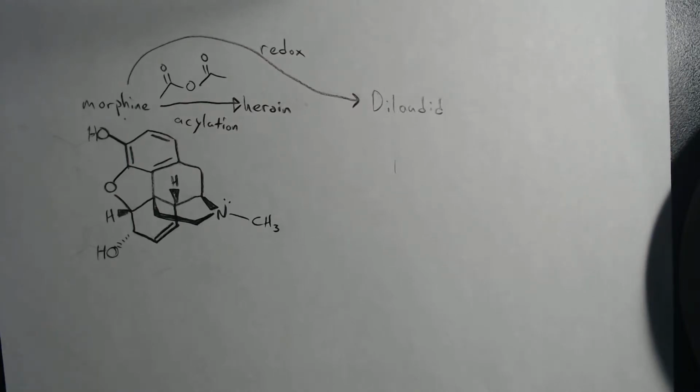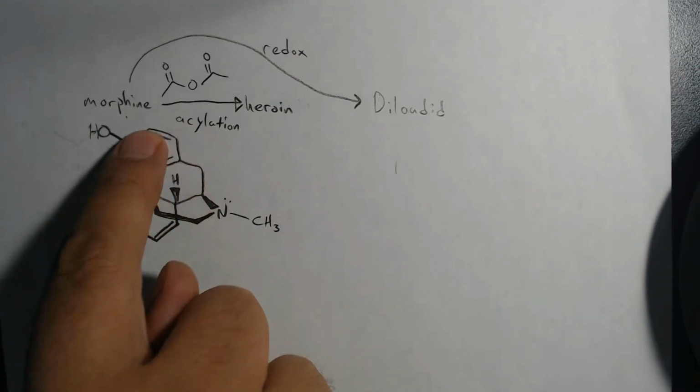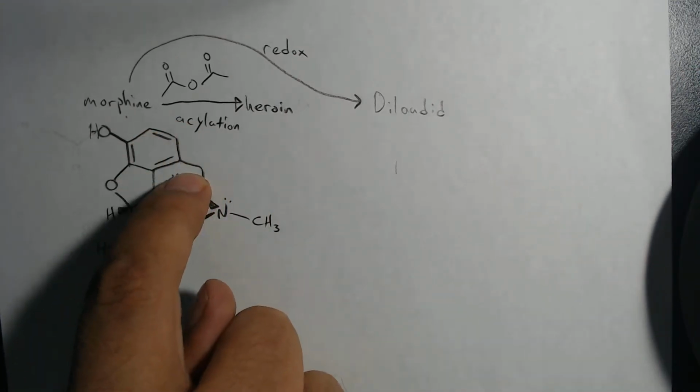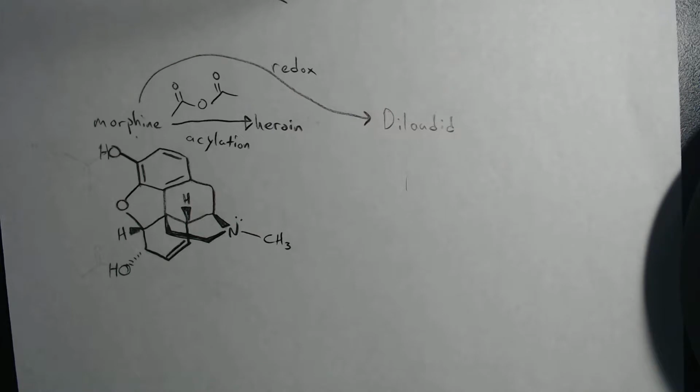So if you look at the base structure here, like this piece, like all that ring structure, that's what's called an opioid. So anything that has that basic structure there is an opiate. Morphine is the most commonly occurring natural form of opiates. And we can do subtle tweaks to the molecule and it makes different drugs.